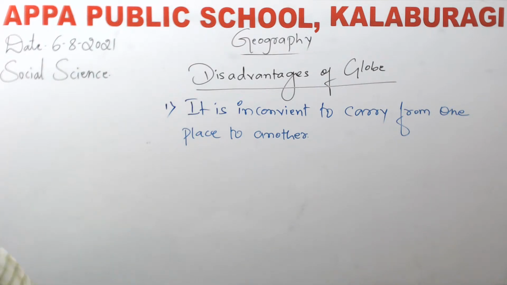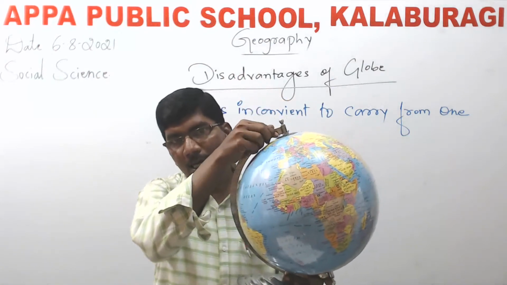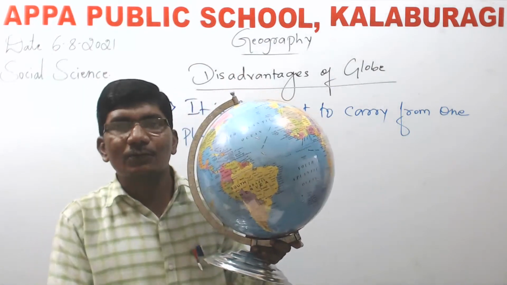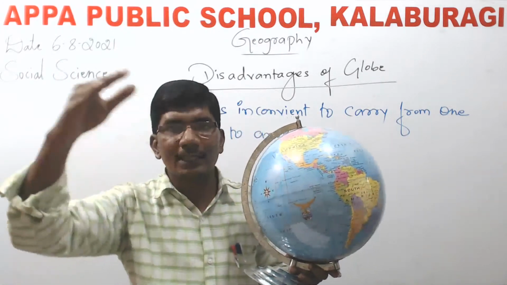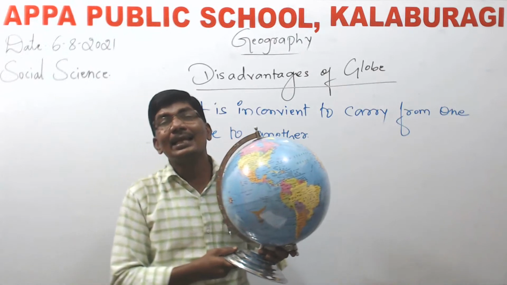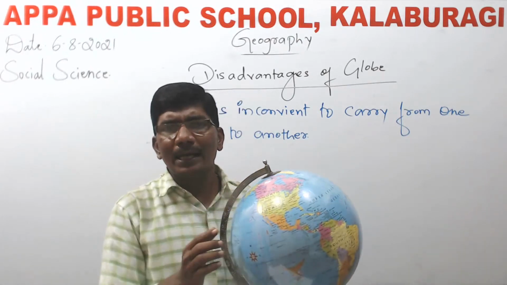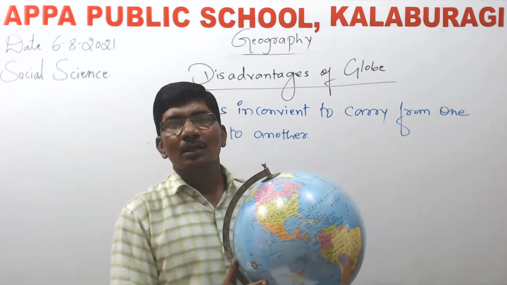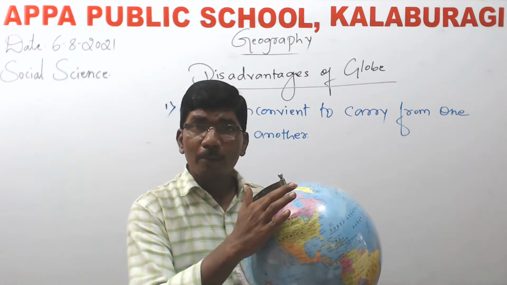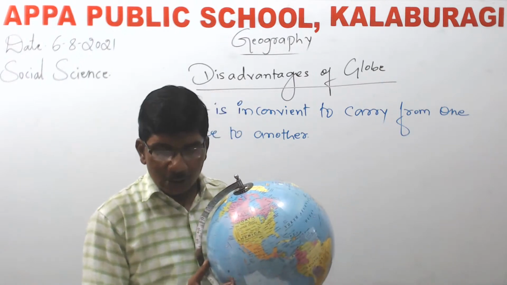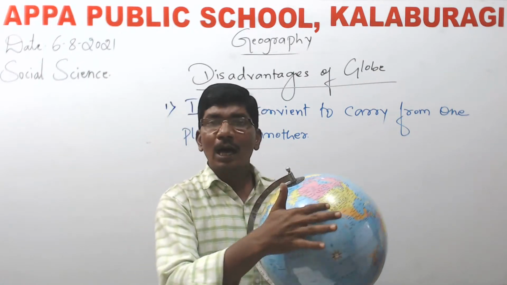I will show you that. You can see the size of this globe. Are you watching, children? It's very big. If you want to take this globe from one place to another, it is inconvenient. One more thing I want to tell you: nowadays small balloon globes are also available, and pocket globes are also available.